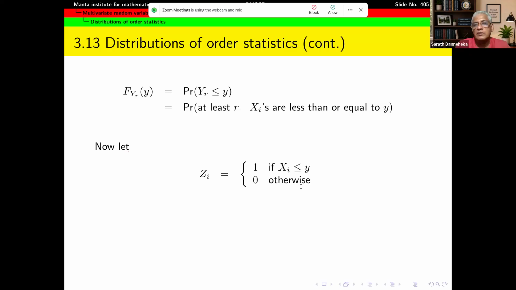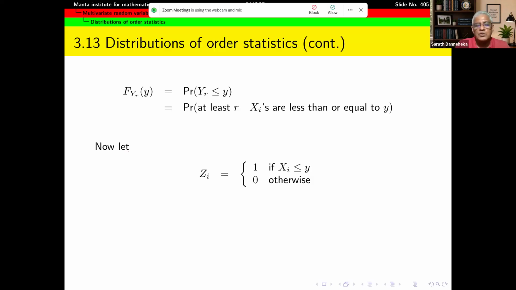Zn is 1 if Xn is less than or equal to y, otherwise it is 0. So you can see that each Zi is a Bernoulli random variable taking values 1 and 0 only. And what is the probability that Zi becomes 1? The probability that Zi is equal to 1 is the same as the probability that Xi is less than or equal to y, which is the cumulative distribution function, CDF, of Xi evaluated at y.